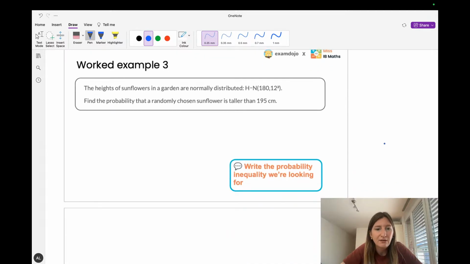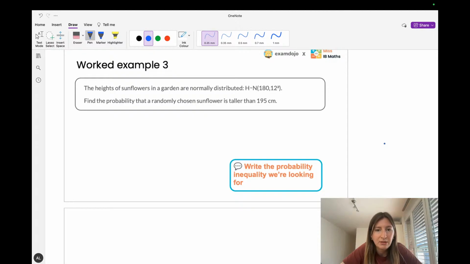So the heights of sunflowers in a garden are normally distributed. H, height, distributed normally with 180 mean and 12 standard deviation. Find the probability that a randomly chosen sunflower is taller than 195 centimeters. So could you write the probability inequality we're looking for in the chat? What are we looking for?